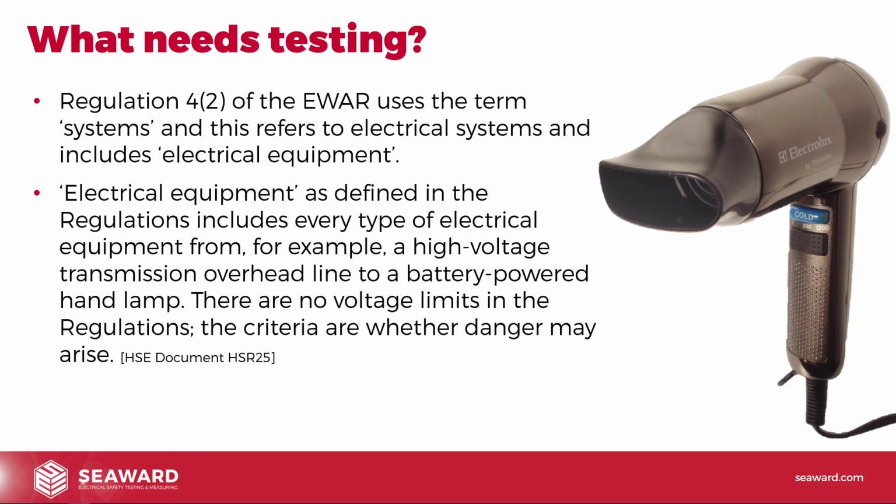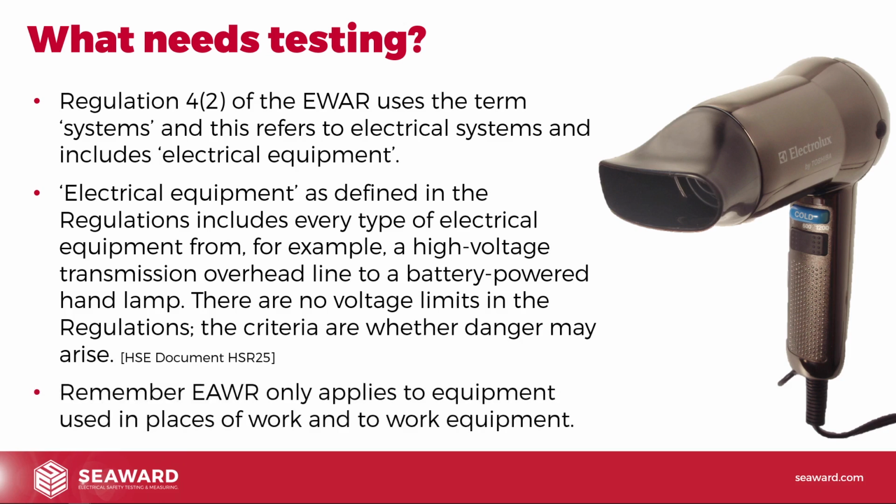The Electricity at Work Regulations cover all systems and all electrical equipment, and it's not limited to whether it's got a plug on, what voltage it is, and so on. If danger could arise from it, then we need to be doing something to ensure that it's maintained in a safe condition.